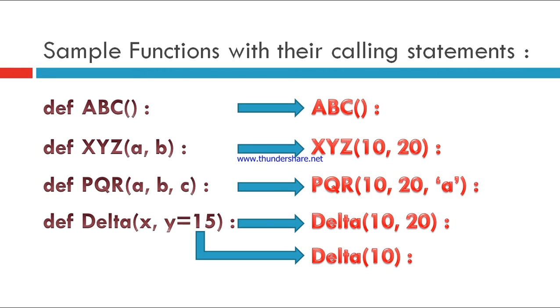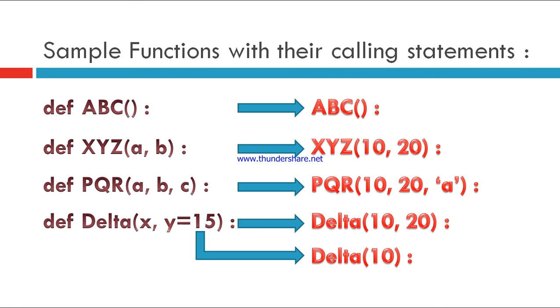Once we assign a value to a function argument, the argument is known as the default argument of the function. Right? So x is the normal input argument, y is the default input argument of the function.